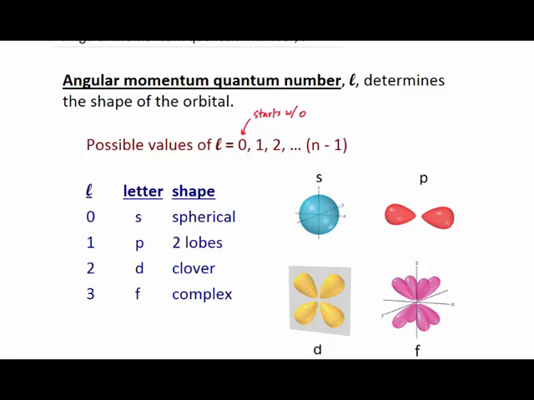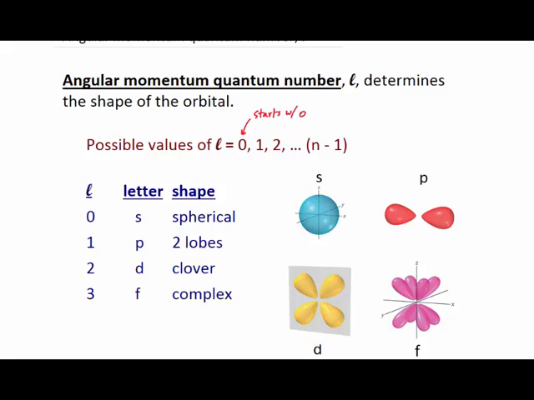That's sort of where this shape comes from. Either way, it's sort of staying still at the middle, which means it's not really spending much time there in the middle. So that's what a p orbital looks like.